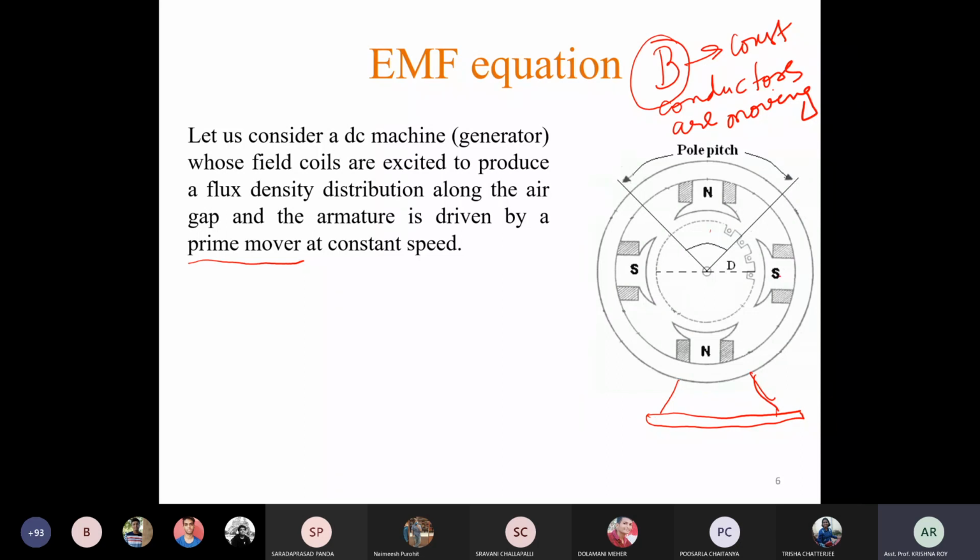So here we are considering a DC generator or DC machine operating in generating mode, whose field coils are already excited to create this magnetic flux density distribution along the air gap periphery.